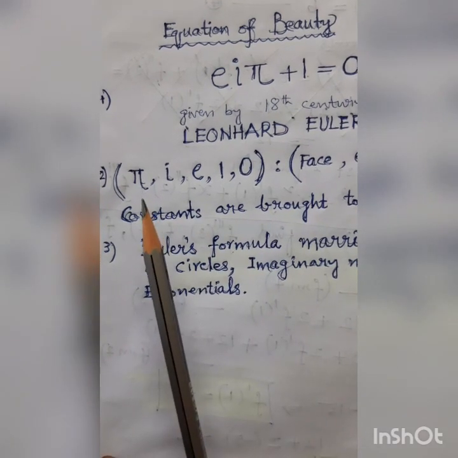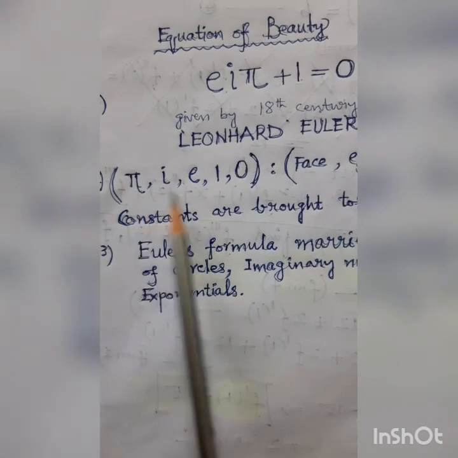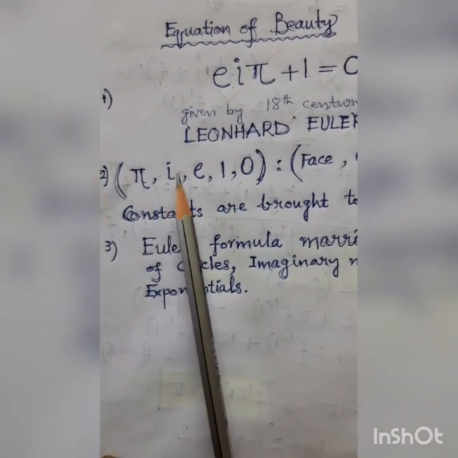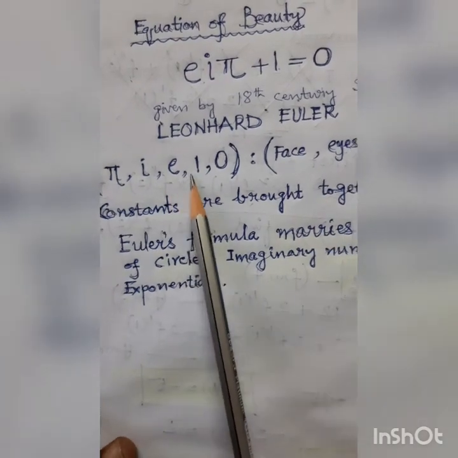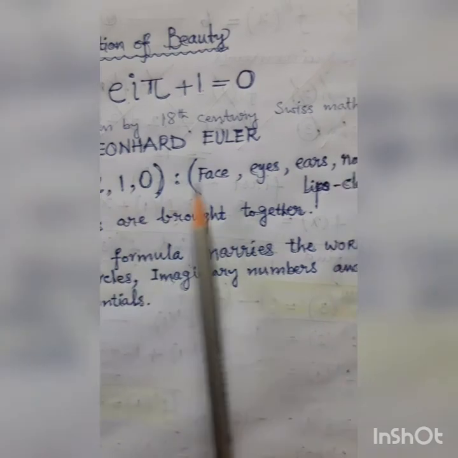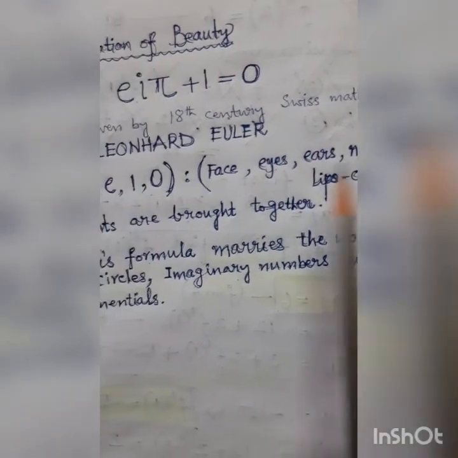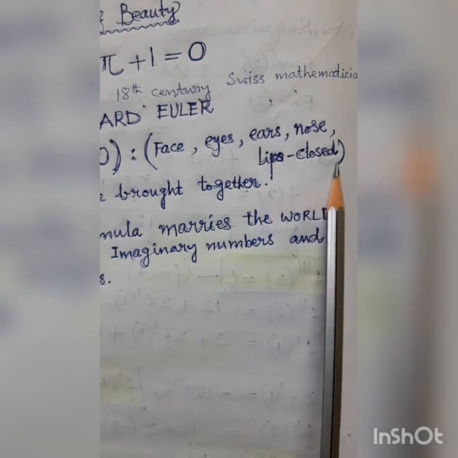Leonhard Euler described it like a face: pi is the face, i means eyes, e means ears, 1 means nose, 0 means lips closed.